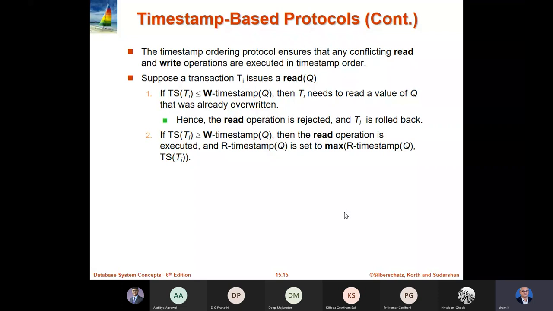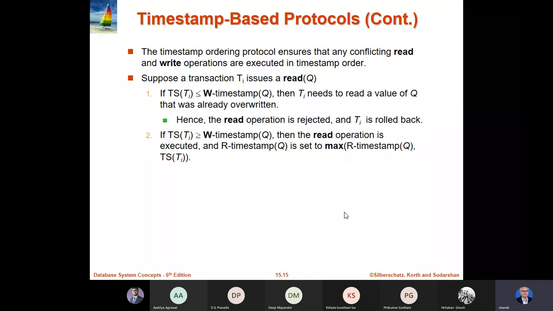So it cannot be that I allow this transaction Ti with a timestamp of 10:30 to read a value of Q which has already been written by the T10 transaction with the timestamp of 10:35, having set the write timestamp of Q to 10:35. So this read operation is rejected and Ti is rolled back.